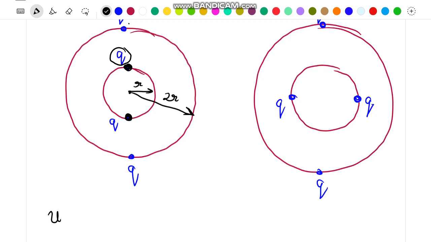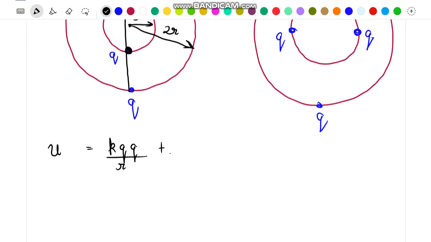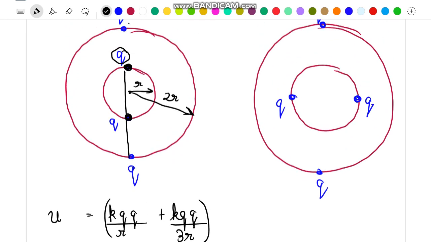It can be written as k q by r, that is the distance between these two charges, plus the potential energy of this charge due to the second charge present at the periphery, that will be equal to k q by 3r. Same potential energy will apply for this second charge q, which is placed on the circumference of innermost ring.